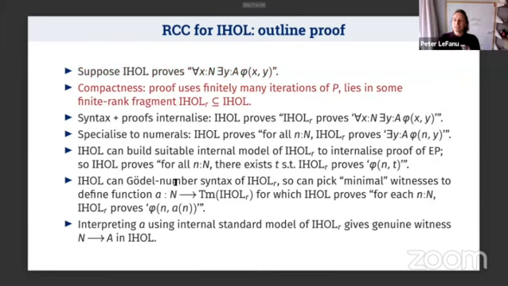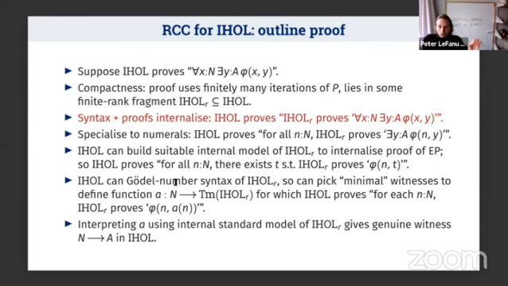By compactness, it can only use finitely many iterations of power set. In other words, it lies in some finite rank fragment, the fragments where you bound how many times you can apply the power set operator. But now syntax and proofs are all finite things that we can internalize into IHOL itself. So IHOL itself can see that this finite rank fragment proves this statement.